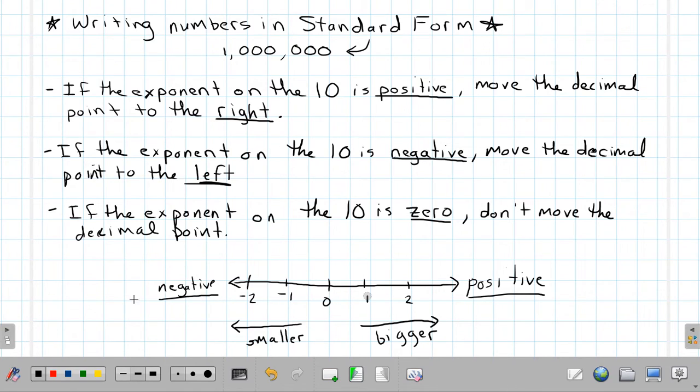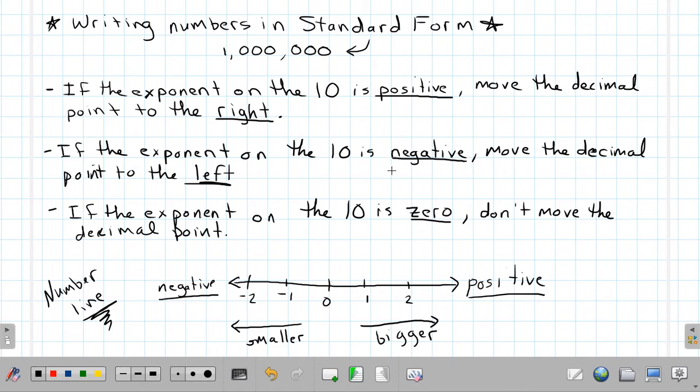Like I said, if you need to, use the number line. Use the number line to tell you which way you need to move the decimal place. Once again, positive exponents are going to give you bigger numbers, so you need to move the decimal place to the right to make the number bigger.